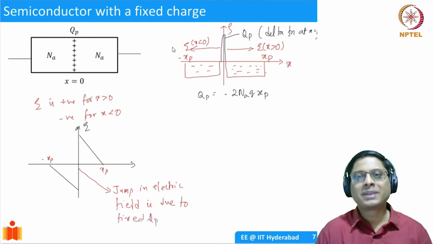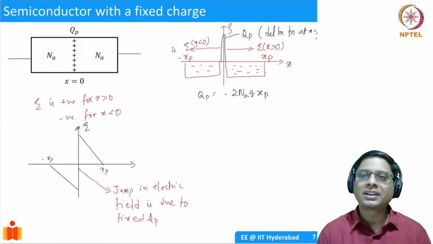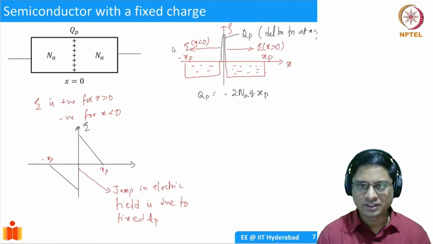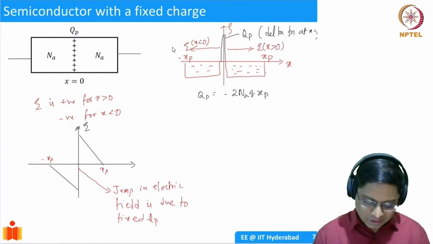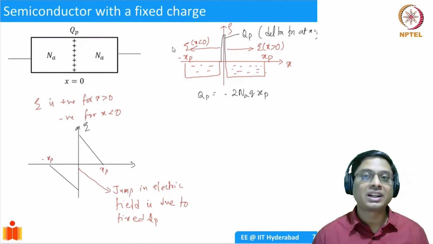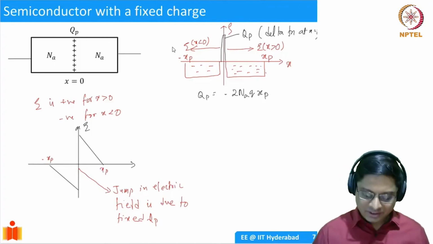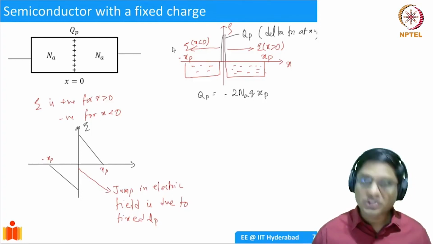Remember always, what do Maxwell's equations tell you? Maxwell's equations tell you that there are these boundary conditions, right? And whenever there is a jump in electric field, there has to be a surface charge there. In this case, since we are solving in 2 dimensions, there's going to be a line charge. So that charge causes the discontinuity in the electric field. It was not there in any of the previous scenarios that we considered. Only in this scenario you have that because of the fixed charge.